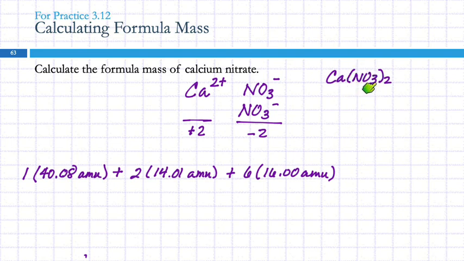So that's 2 nitrogens and 2 times 3, or 6 oxygens. And my calculator's going to say 164.1 atomic mass units.